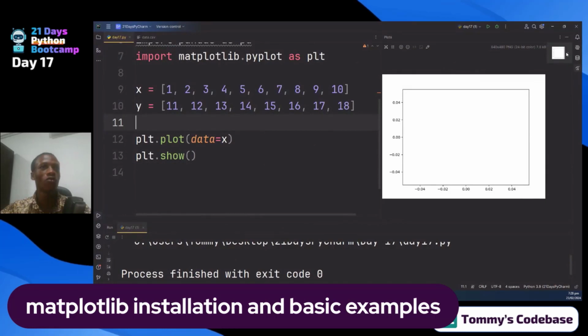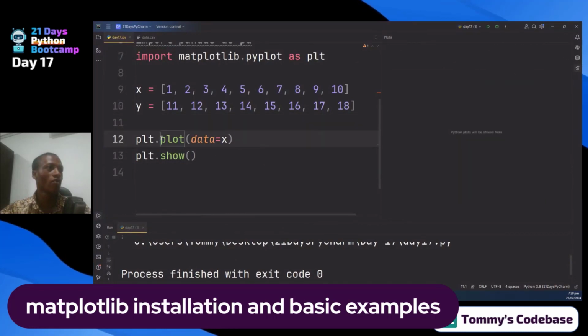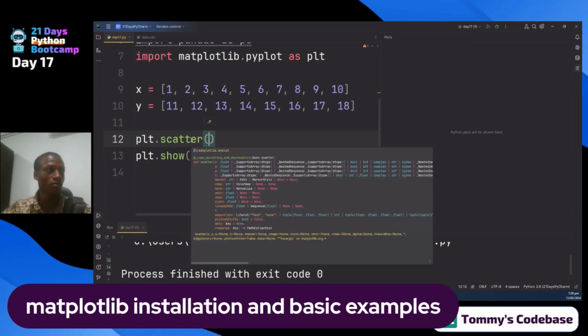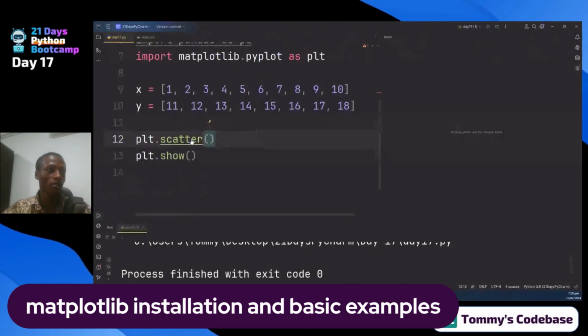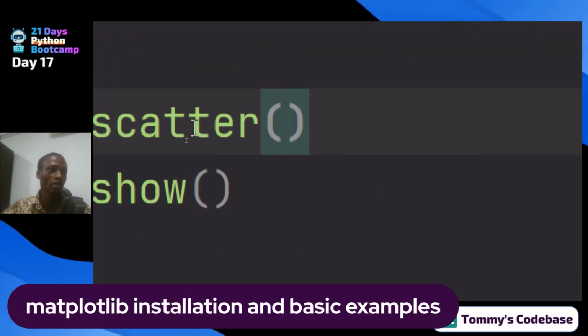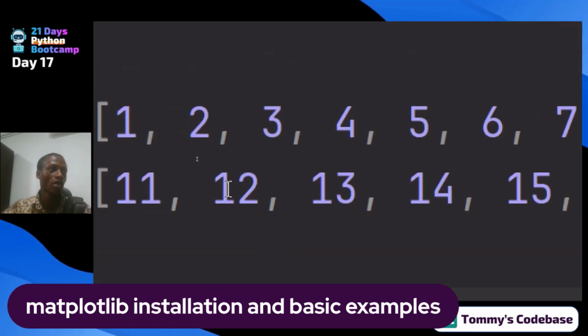Okay, if the plot will not work, let me try another one which I know would work. So plt, there's also one called scatter. And then let's see what the scatter also takes. So this scatter takes in x, y, s, and all those ones. This is also another documentation on its own, the one that pops up that gives us information.